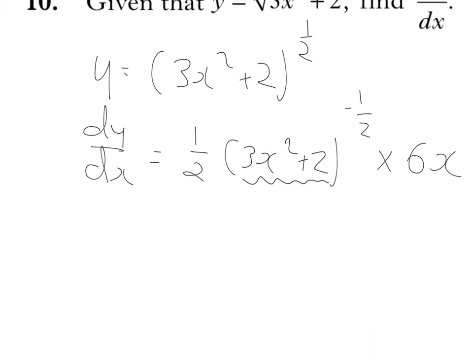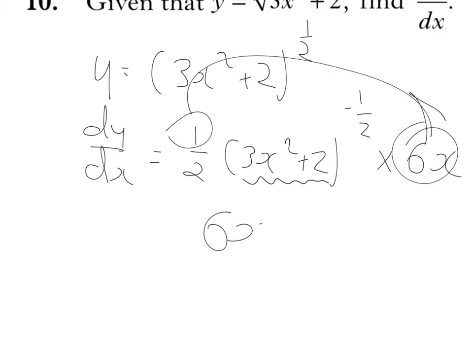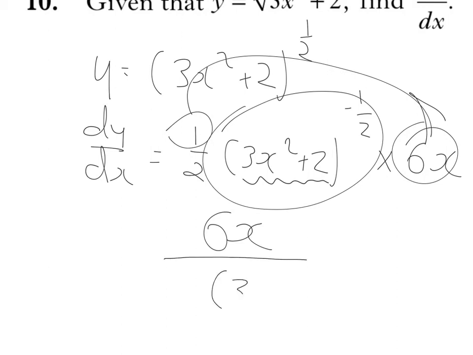I'm now just going to tidy this up. So 6x times a half. Well, first of all, in fact, 6x times 1 is going to be up top. I'm then going to bring 3x squared plus 2 to the minus half down bottom.